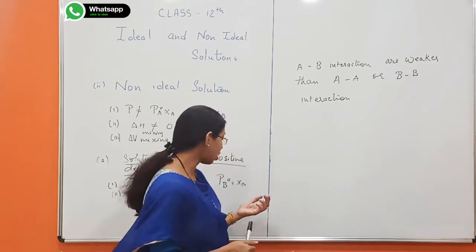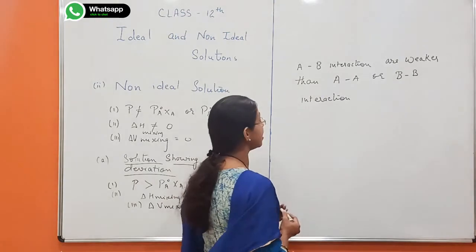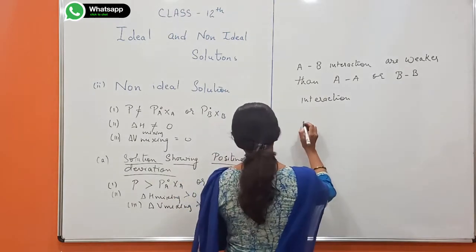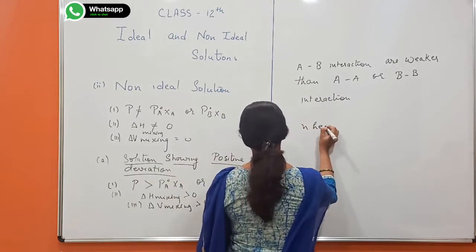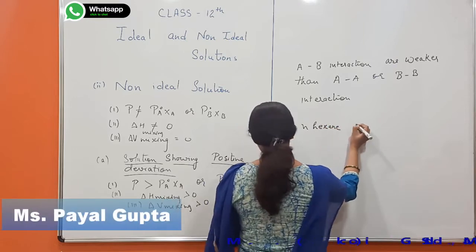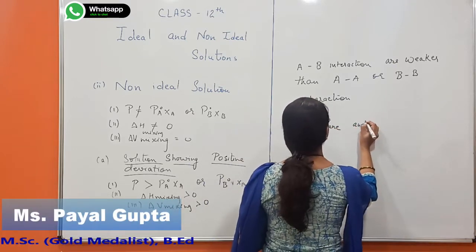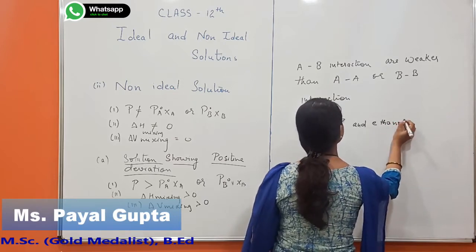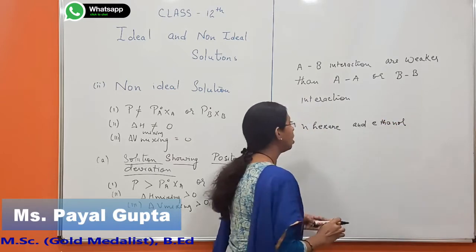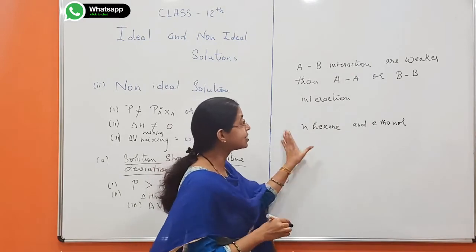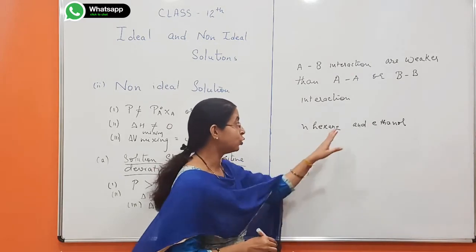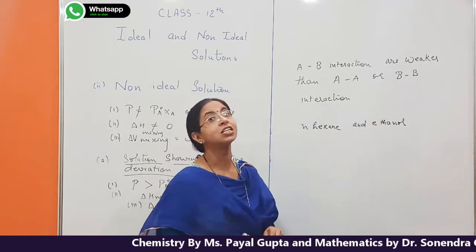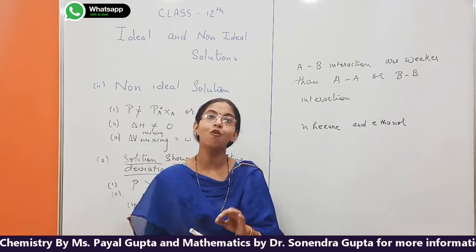Now, an example of this kind of solution is N-hexane and ethanol. Now, why did this condition happen? You know that ethanol is C2H5OH.